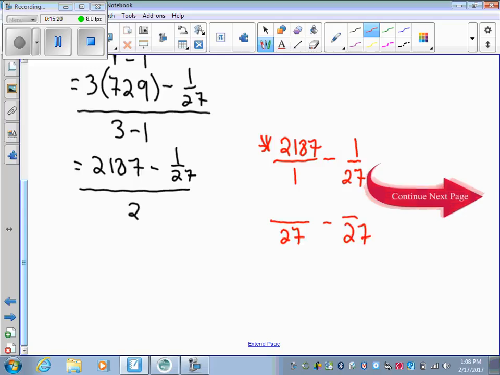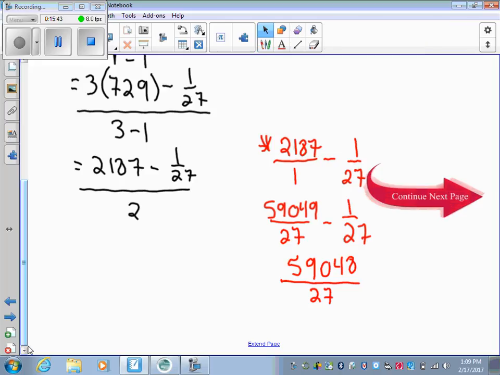So we need to multiply the top number, the numerator, by 27, and you get 59,049. And then when you subtract them, you'll get 59,048 over 27. That's what you'll have on the top.